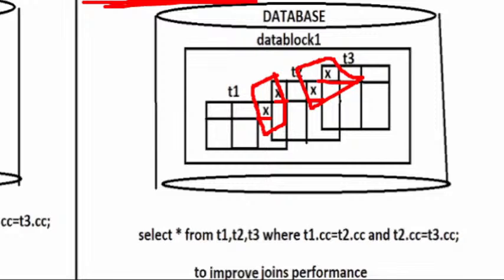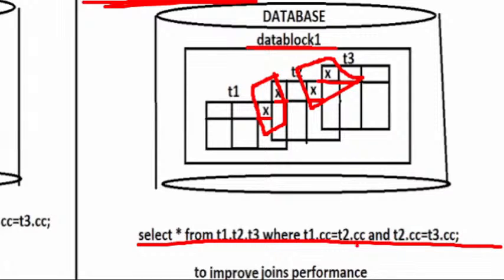Yes or no? And those linked tables are kept under one data block memory. So whenever these three tables are in the same data block memory, on these already linked, already joined tables, I am performing my join operations.